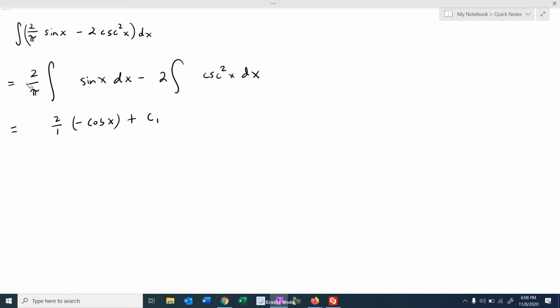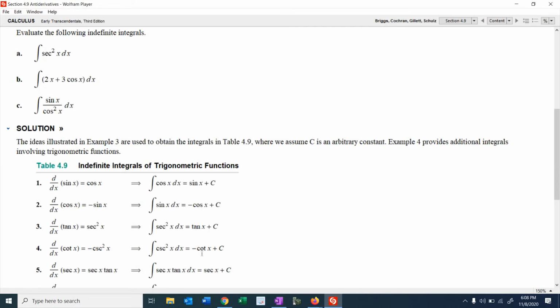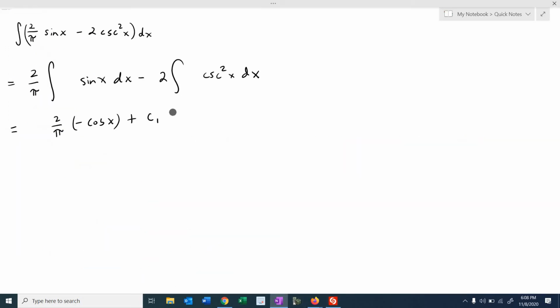And of course, you have to multiply by the 2 over pi. And then the antiderivative of cosecant squared is minus cotangent plus some constant, which I'll label C sub 2.